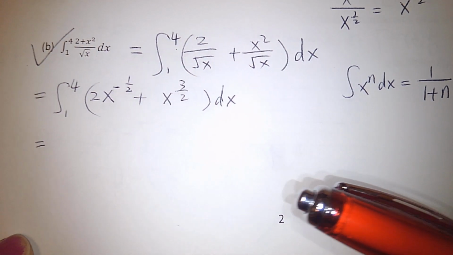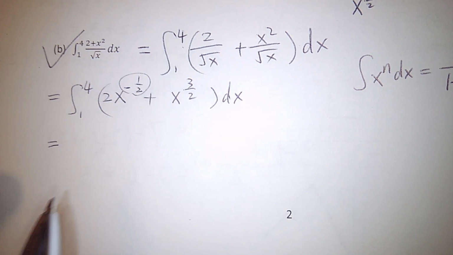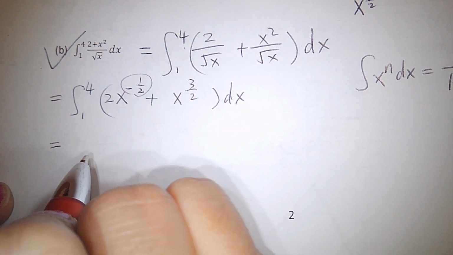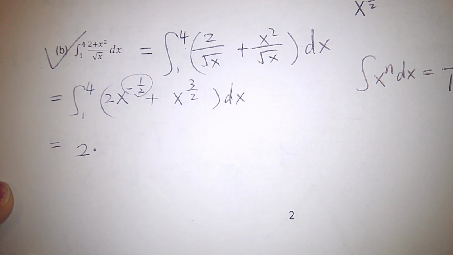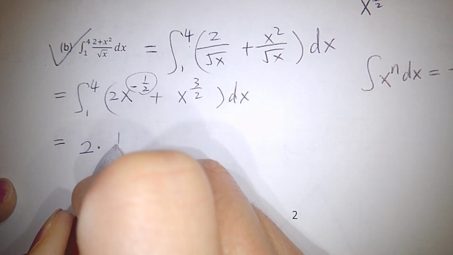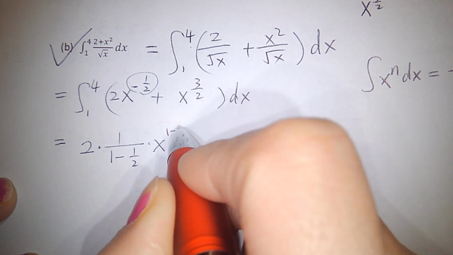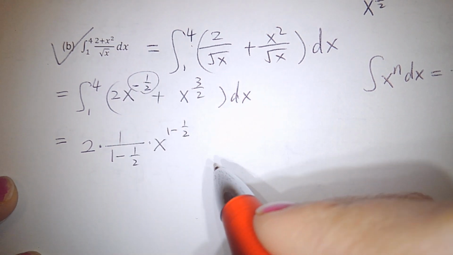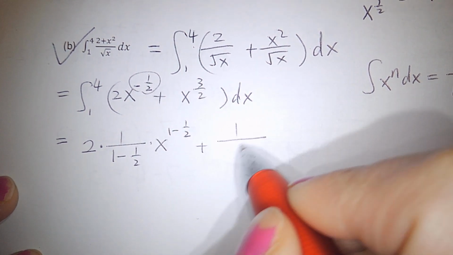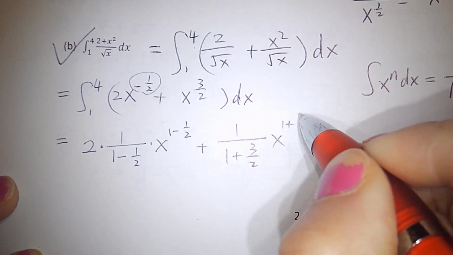Here, what is n in this term? Negative 1/2, right? So 2 times 1 over 1 plus n times x to the 1 plus n. This is the antiderivative of the first term, and plus 1 over 1 plus n times x to the 1 plus n for the second term.